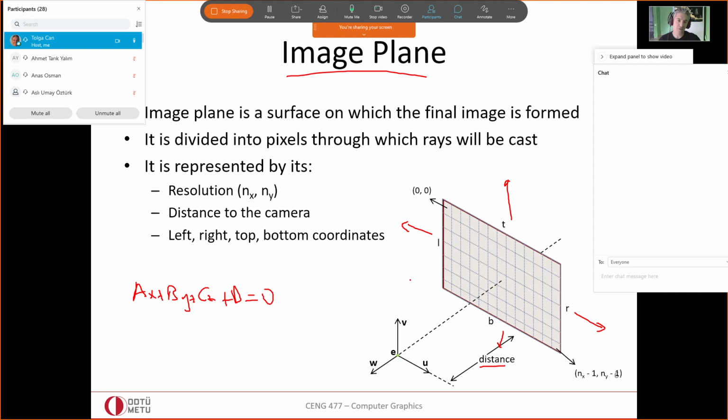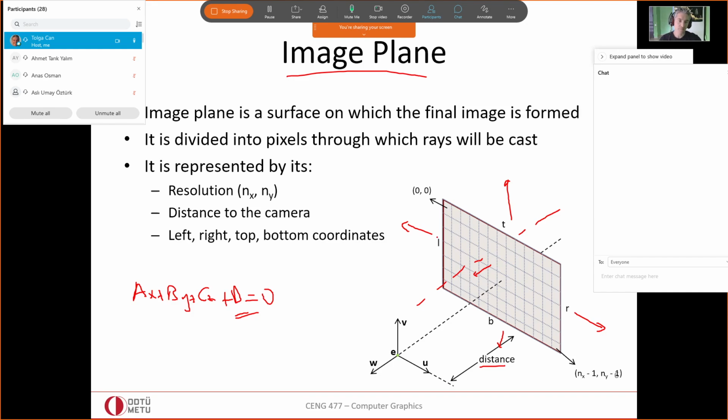A, b, c determine the normal vector of the plane, its orientation. And d, in this orientation there are infinitely many planes, if you stack them one after another. D is the parameter that fixes it to this plane.